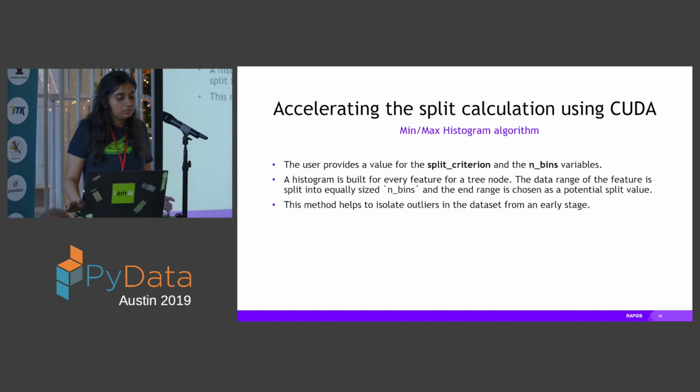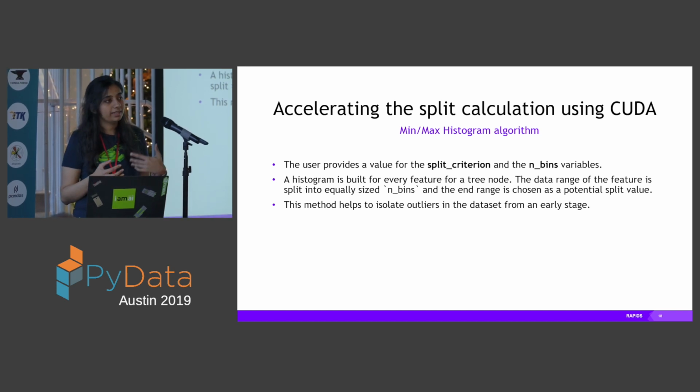Talking a little more about these algorithms, take the min-max algorithm. While creating the model, the user provides us with two important pieces of information. One is the split criteria, whether the Gini index, entropy, MSE, or mean absolute error that someone would want to use. The second is the number of bins.